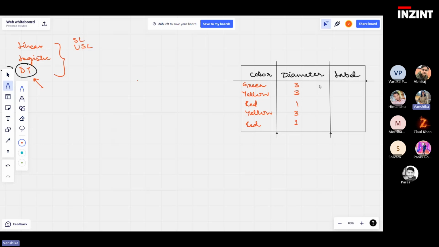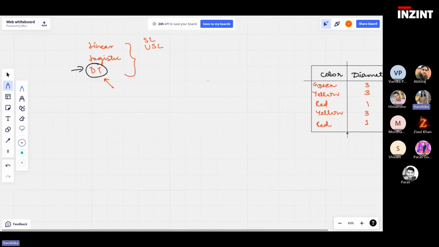Okay, Paras thinks that we can't use it. Anyone else? Okay, no. Decision tree can be used for regression as well as classification problems. When I demonstrated the decision tree for categorical classification data, we used the decision tree classifier function to create the model.